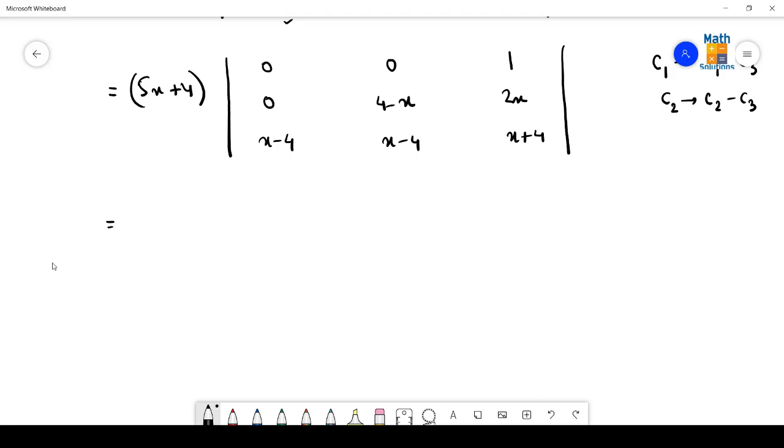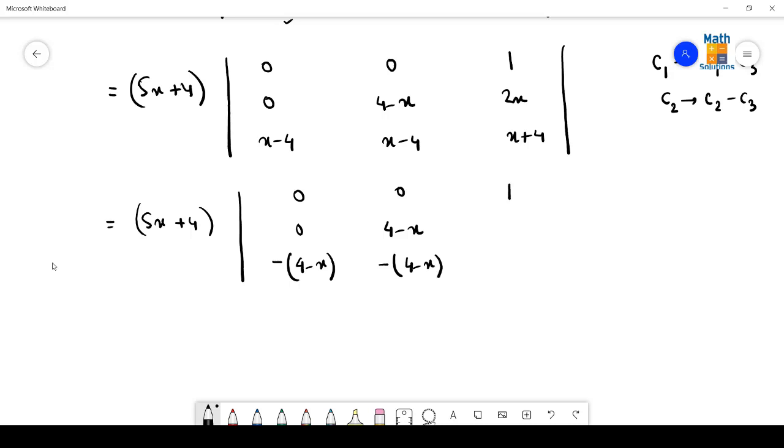If we do like that, then in what way can we place the terms inside the determinant? Let's check once. 0, 0, minus is taken out, 4 minus x can be kept here, then 0, it will be 4 minus x, again minus can be taken common, 4 minus x here, then 1, then twice x, then x plus 4.